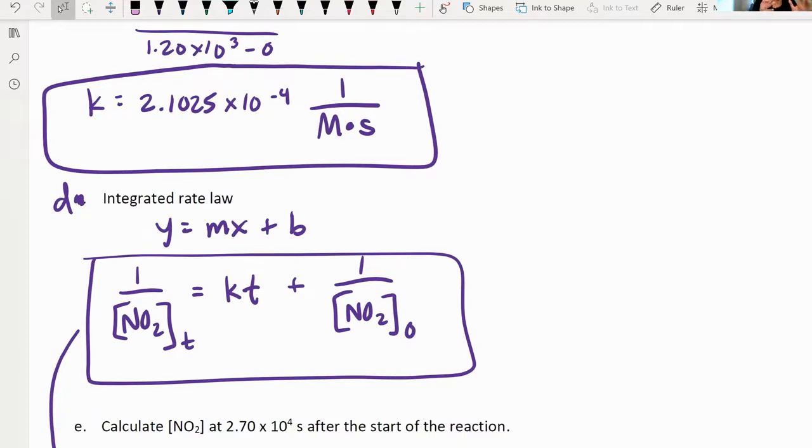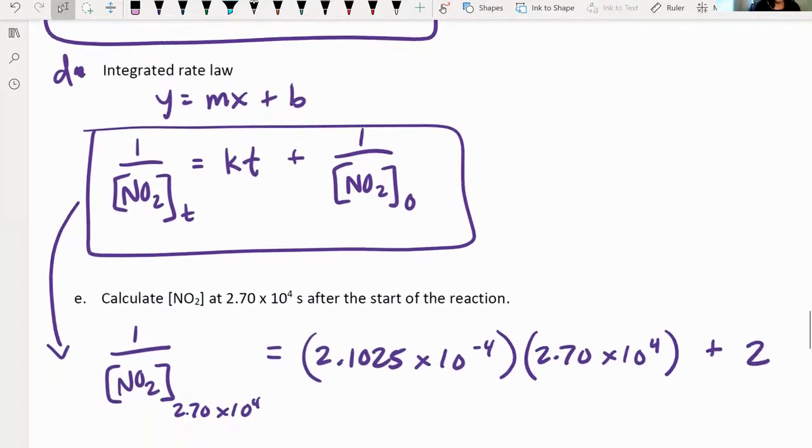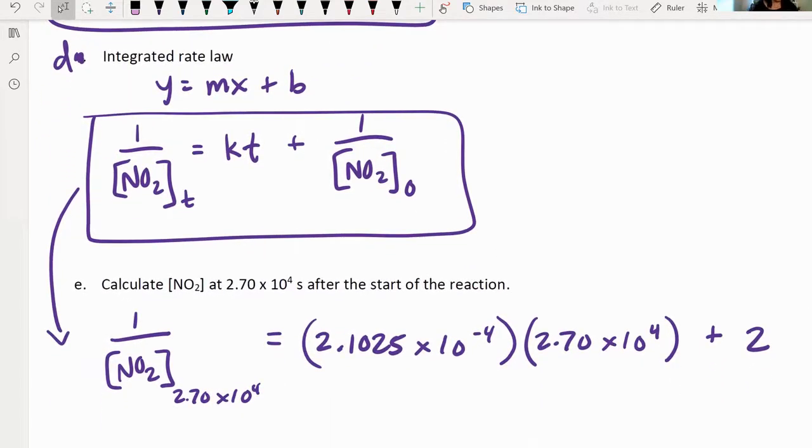We're going to plug in our information into the integrated rate law, and this is what you're going to get. I'm taking our k answer, plugging it in. The specific time they want is the 2.70 times 10 to the 4th power seconds.